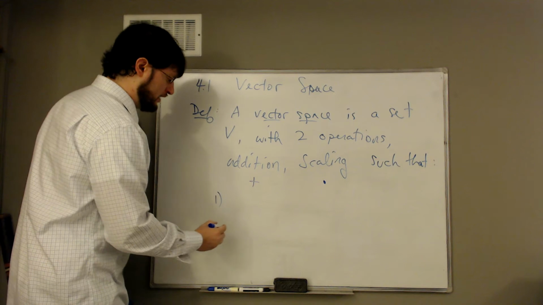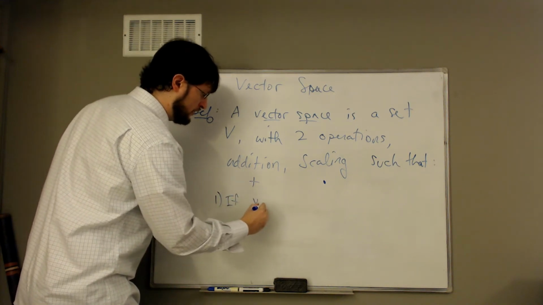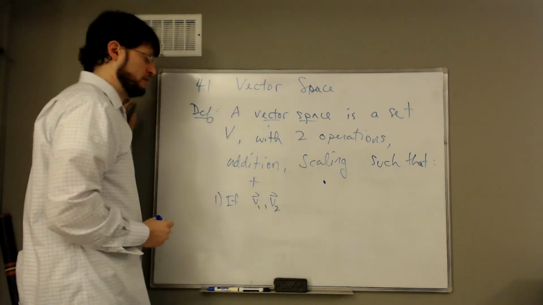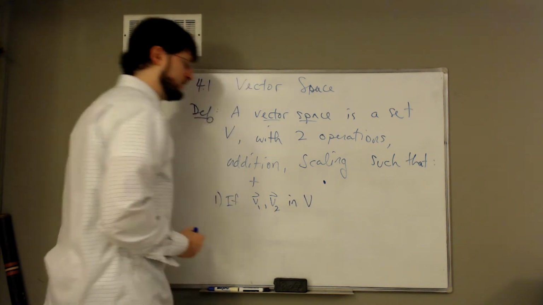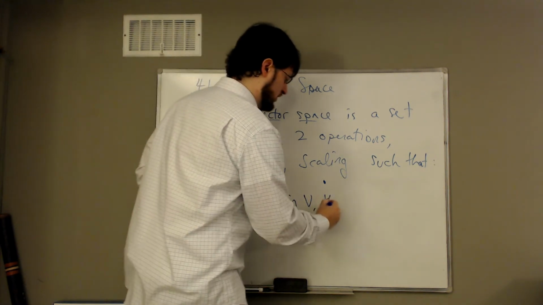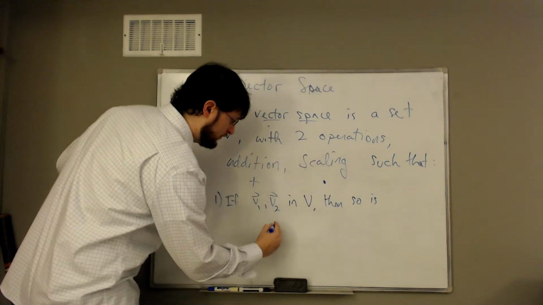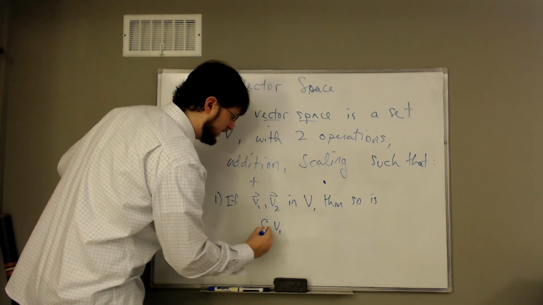One, if V1 and V2, we're going to still write them as vectors as before, with this same notation, are in the set V, then so is V1 plus V2, but also scaled any way we like.